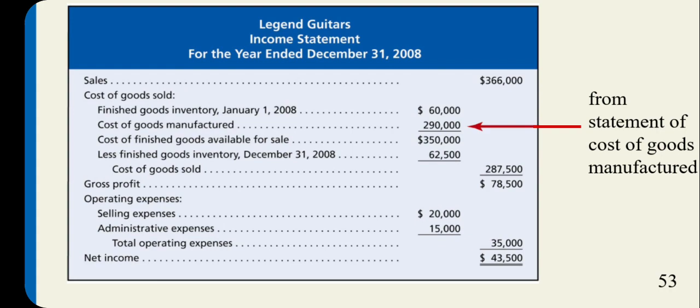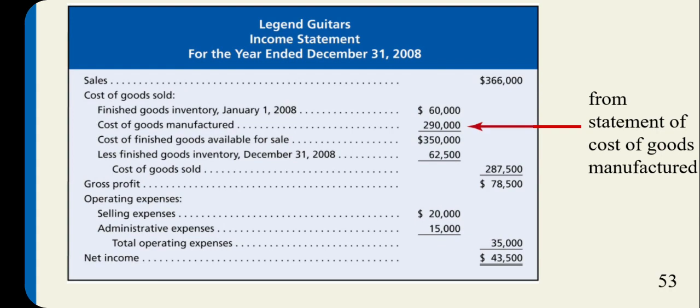So the cost of goods sold is $287,500. The sales minus the cost of goods sold, you will get an item called gross profit. In this example, the gross profit is $78,500.